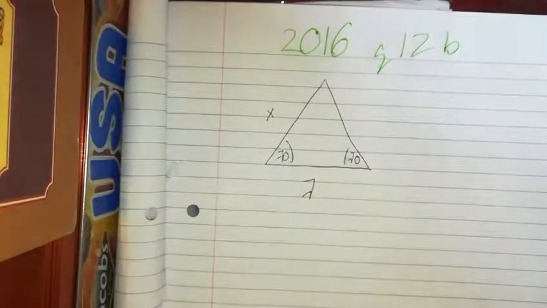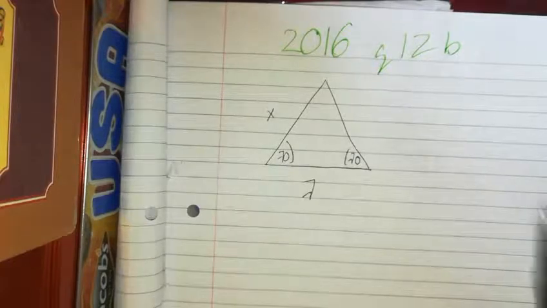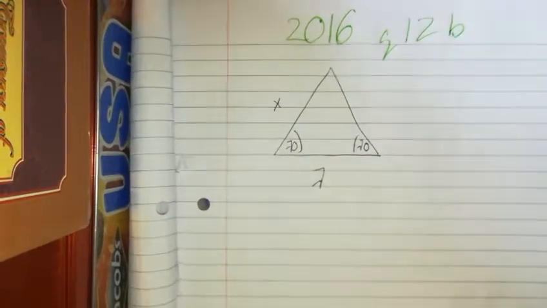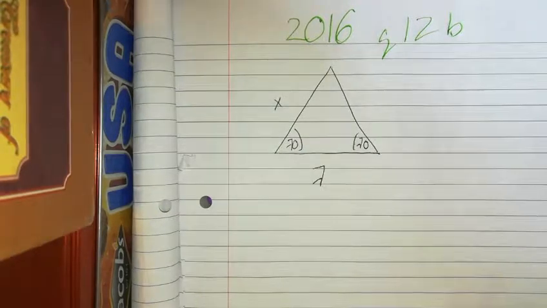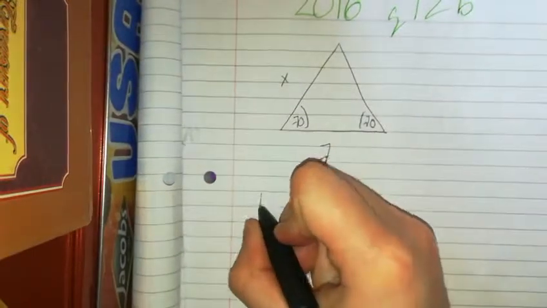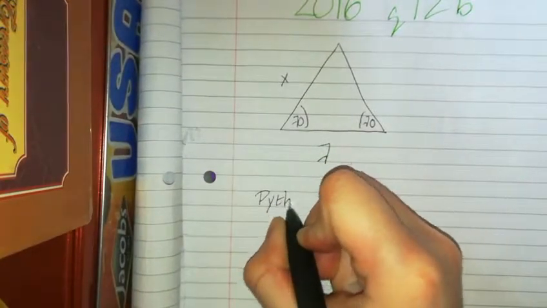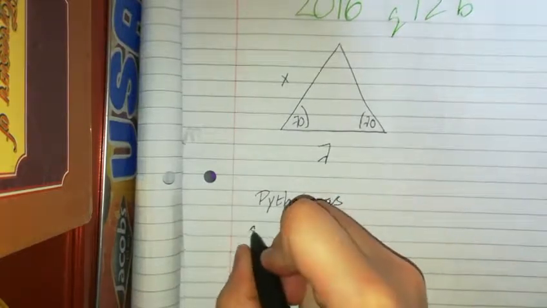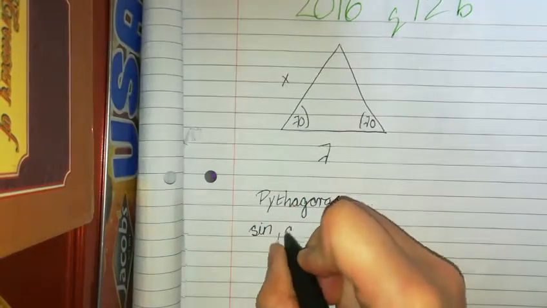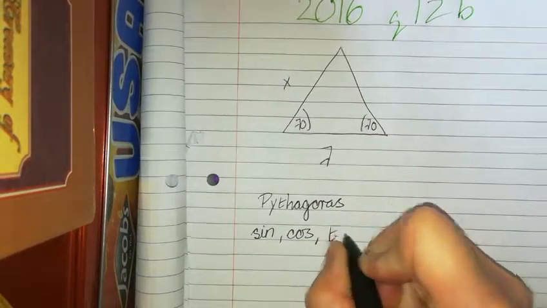On our course, the only ways that we have learned to solve triangles are for right angle triangles. The only tools we have for dealing with triangles are Pythagoras and the ratios, which are sin, cos and tan.